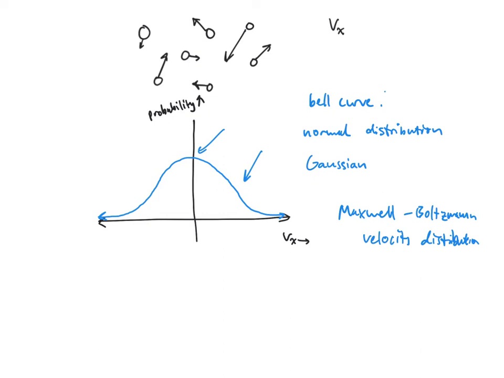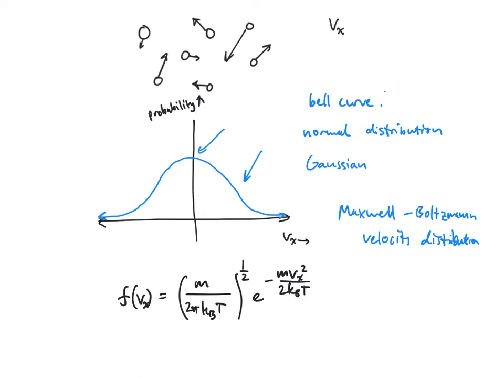We use the symbol f to represent the probability of finding a particle at a given velocity, and it's going to equal the mass of the particle divided by 2 pi k_B T, raised to the 1/2 power, or square root, and then e raised to the negative m v_x squared over 2 k_B T.